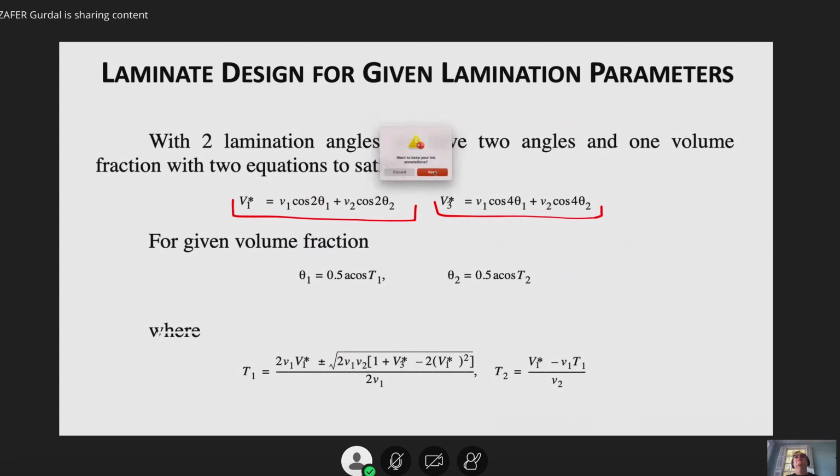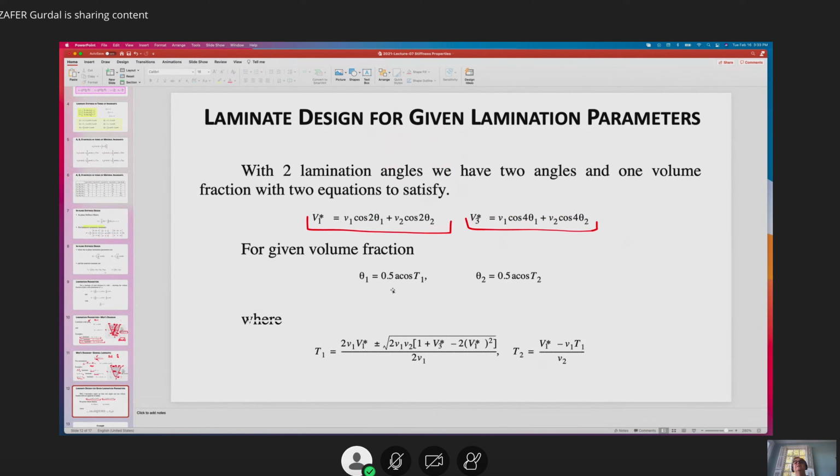I can actually solve for theta 1 and theta 2, and I can come up with two equations.